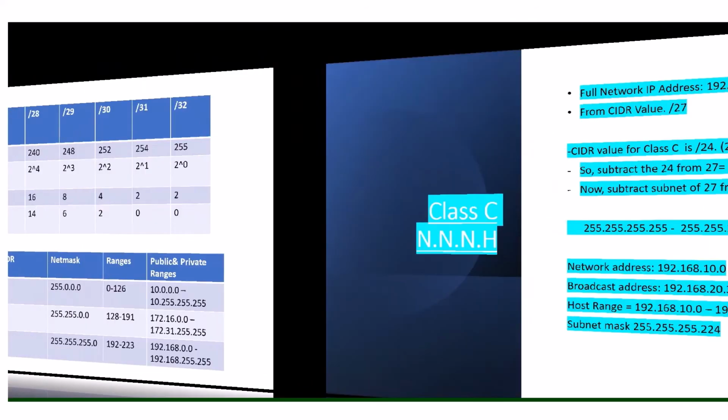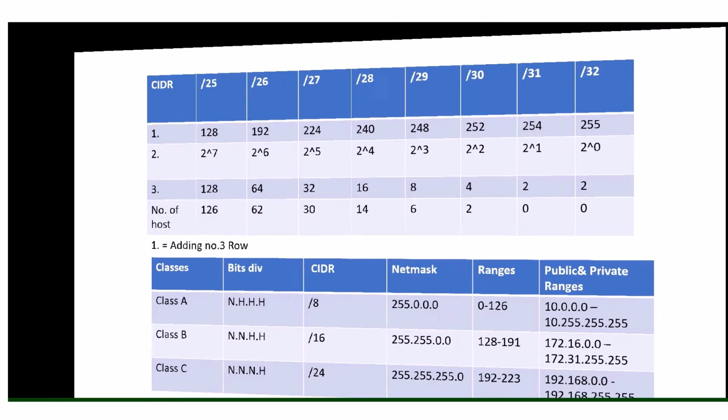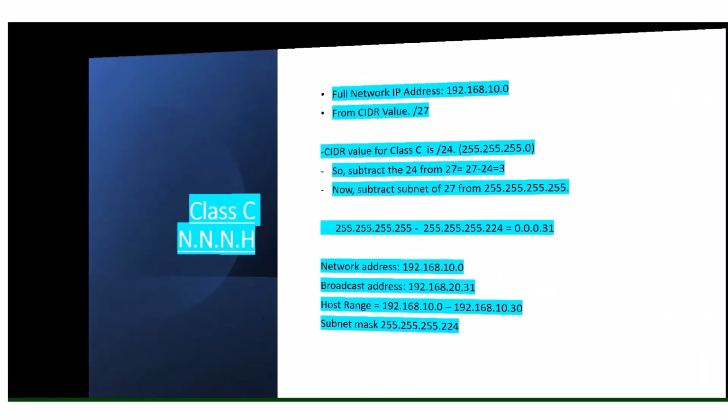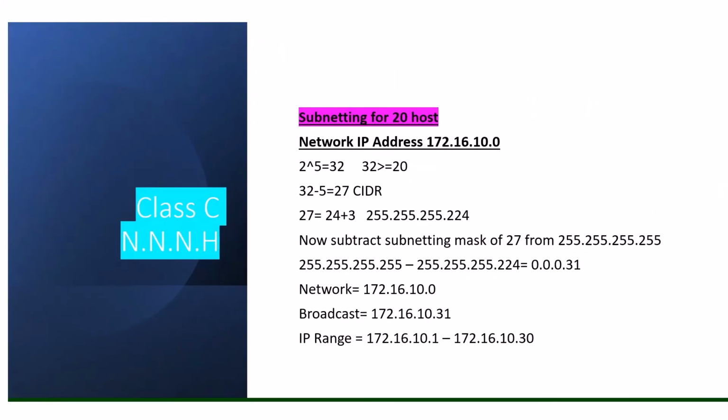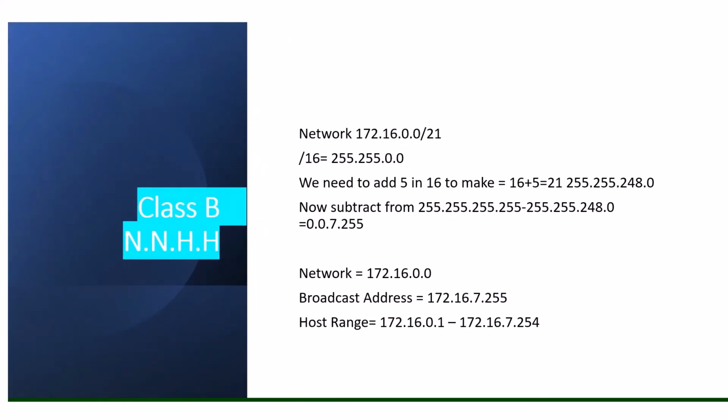So 2 to the power 5 satisfies the 20. You can see 2 to the power 5 is 32, so in 32 the 20 is satisfied. Now if you find the place for 20, you subtract 5 from 32 and you'll get 27. In the previous way you can follow the method and do the rest of the subnetting.